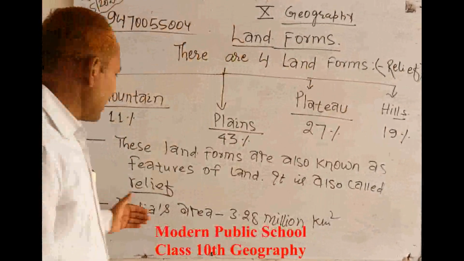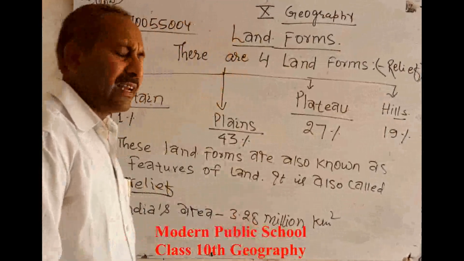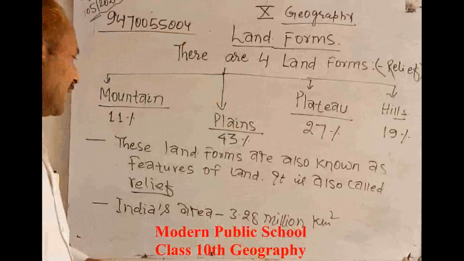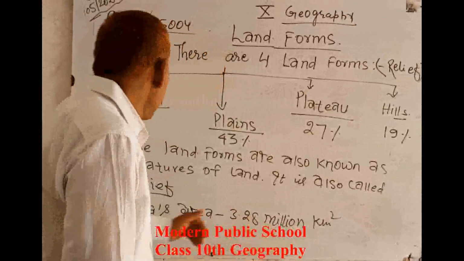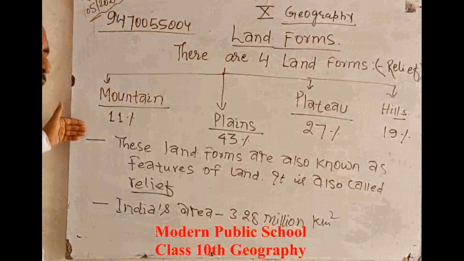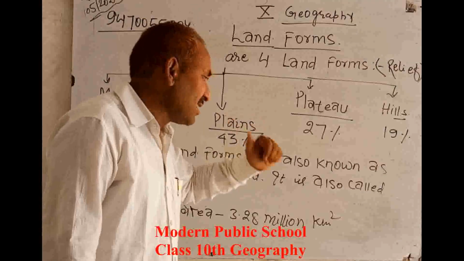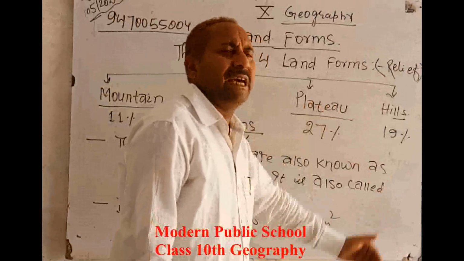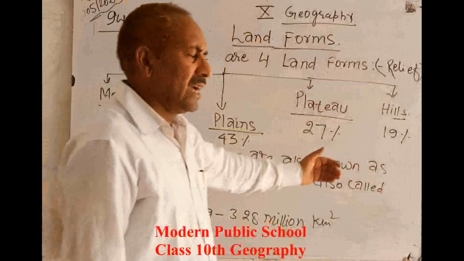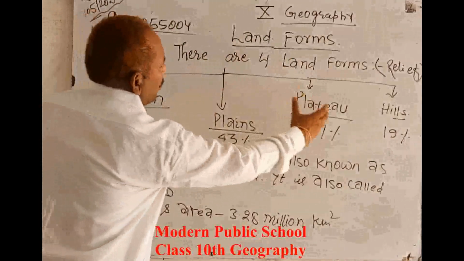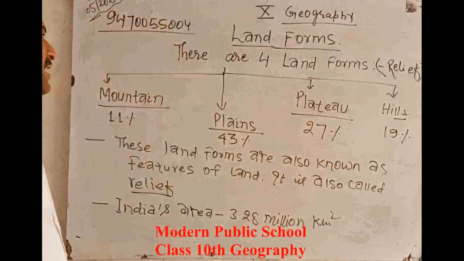इंडिया की लैंड एरिया कितना है? इंडिया का टोटल ज्योग्राफिकल एरिया 3.28 million kilometer square है. In this area we find 11% of our country is mountain, 43% is plains, 27% plateau and 19% is hill. Okay, these are the distribution of the lands of our country.